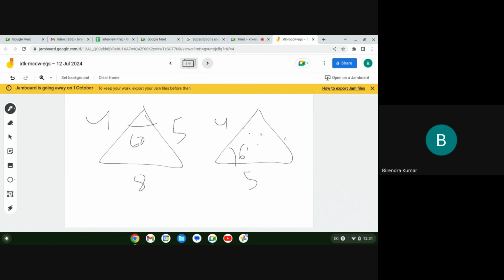This is 60 degree, and this is 30 degree. Now find out the value of this angle, this angle, this angle. I will call them 1, 2, 3. And this side.